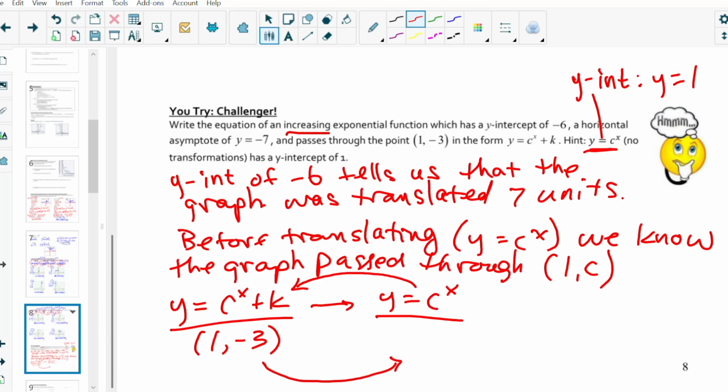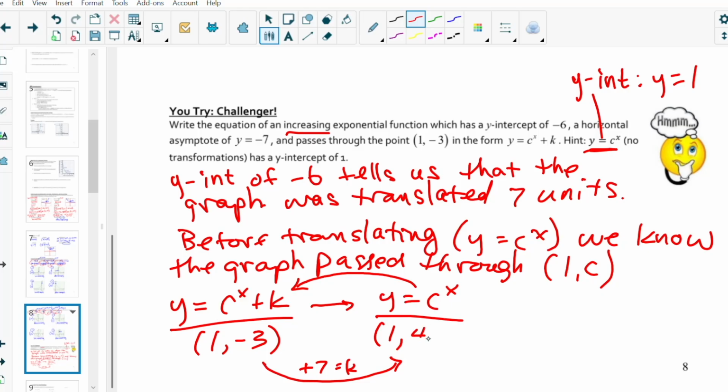To get back this way, I'm going to add 7 units. I'm translating back up to get to the original, because the y-intercept at -6 tells us we went down, so I'm going to go plus 7 on the y value, plus 7 on the k value.